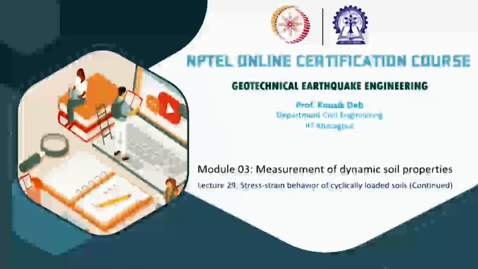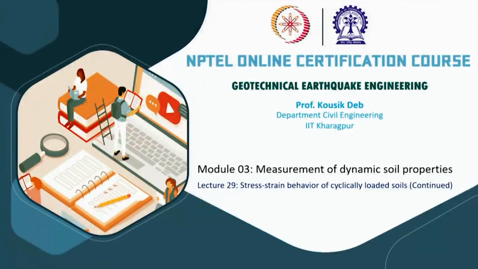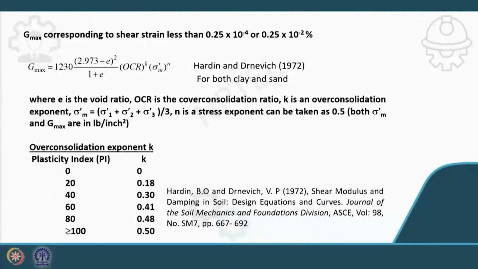damping ratio. Now in this class I will first discuss how we determine the Gmax value, and then I will discuss how we get the G value, Gsec, at different strain levels. So this is the Gmax value, that is for the initial portion of the stress strain curve.